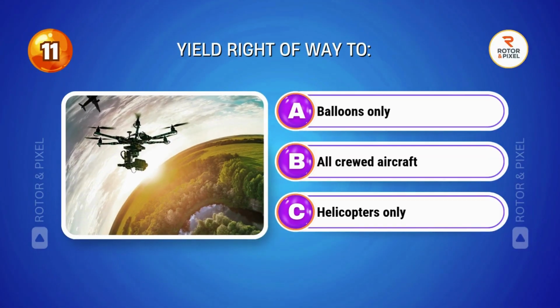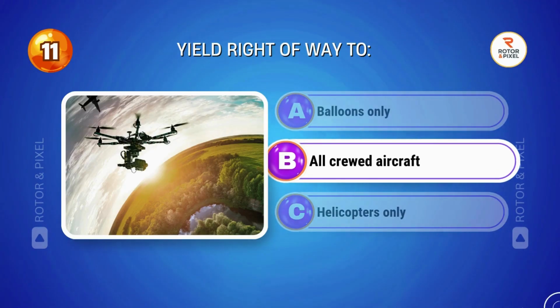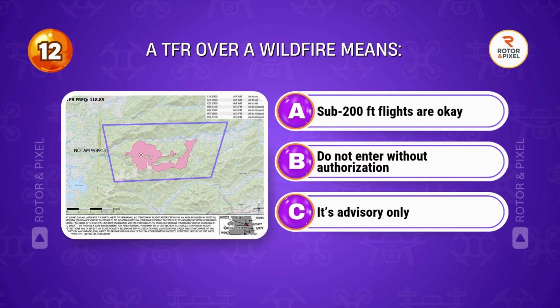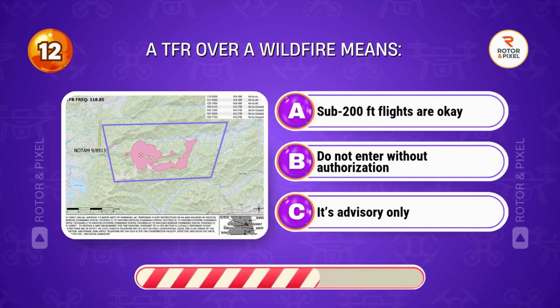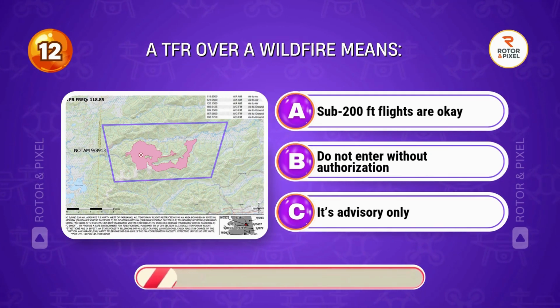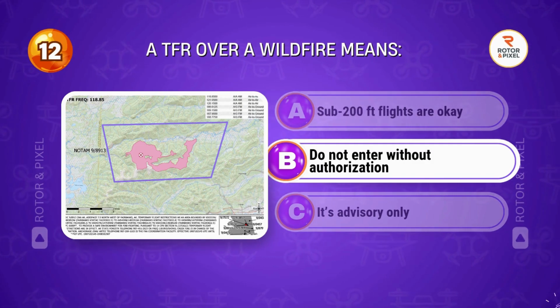Yield right of way to... Answer B, all crewed aircraft. A TFR over a wildfire means... Answer B, do not enter without authorization.